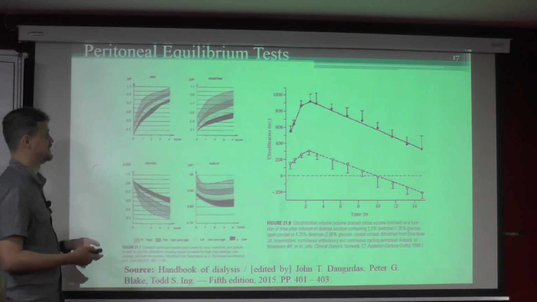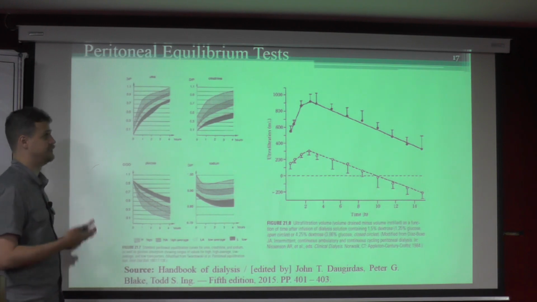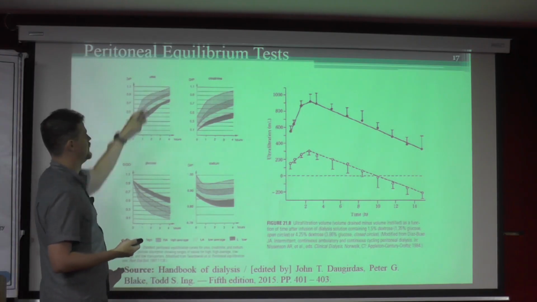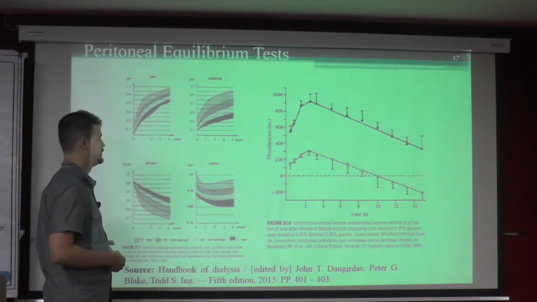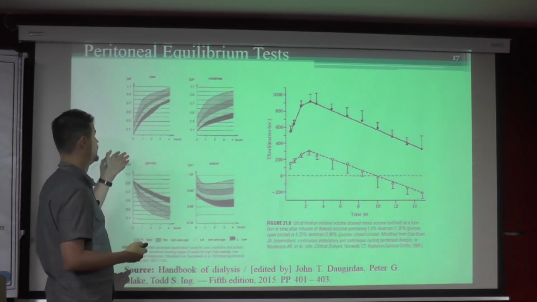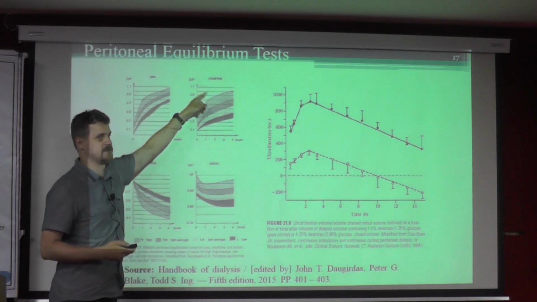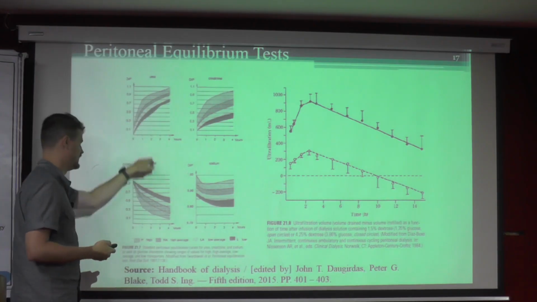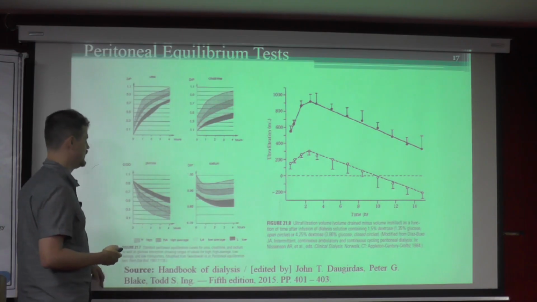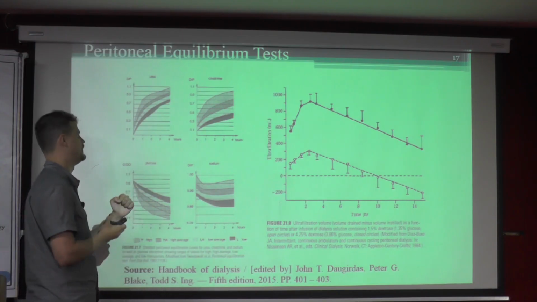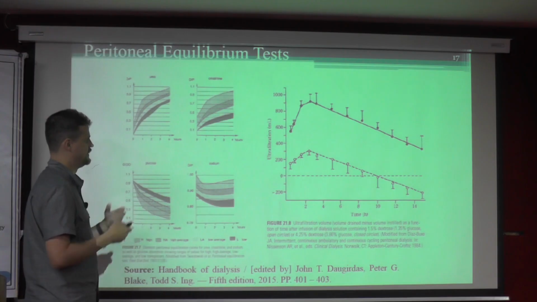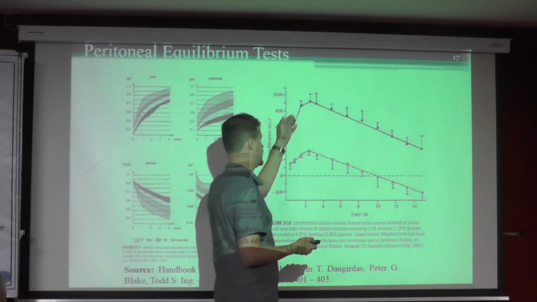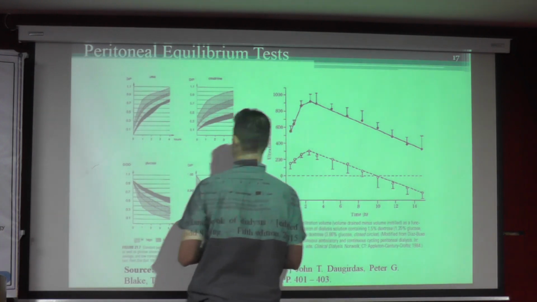It's basically a test that gives the doctor a better outlook on the diffusion capabilities of the peritoneal membrane, how fast specific markers will diffuse through it, including the osmotic agent glucose, and how fast we can remove sodium. At the same time, the doctor will have a better outlook of how ultrafiltration works for different patients.